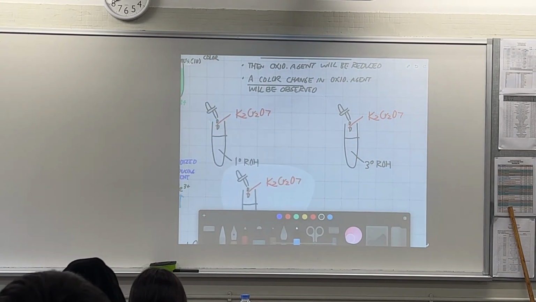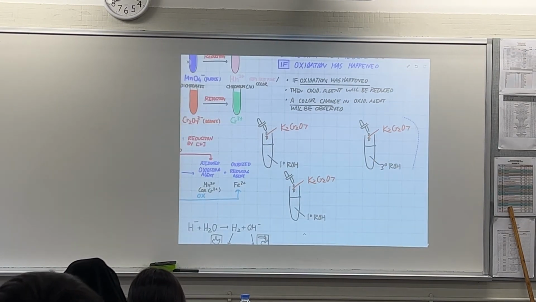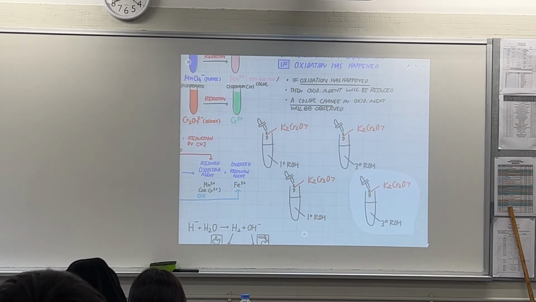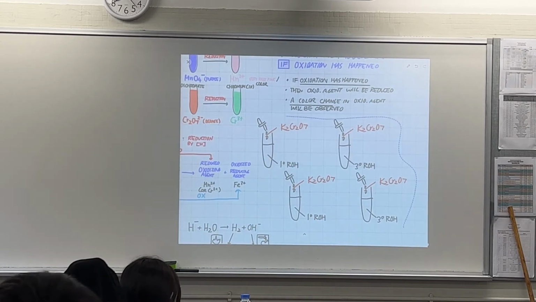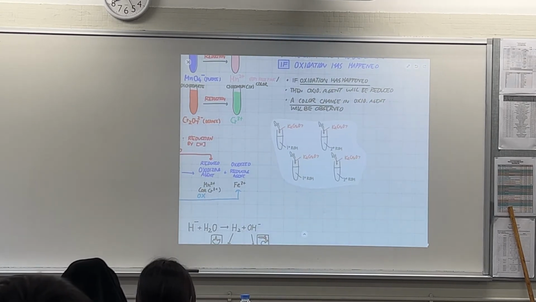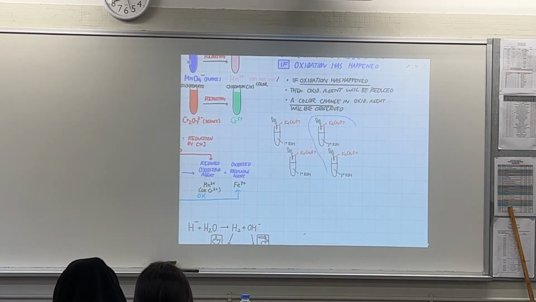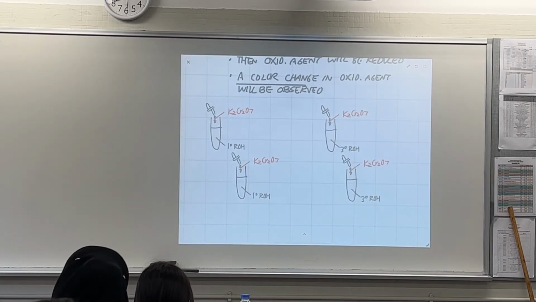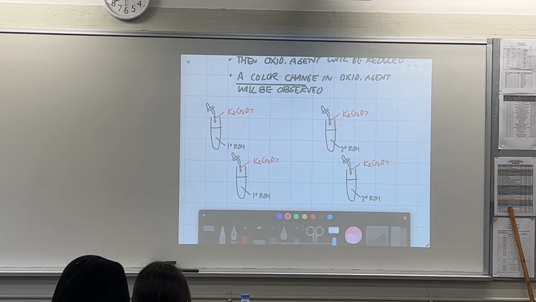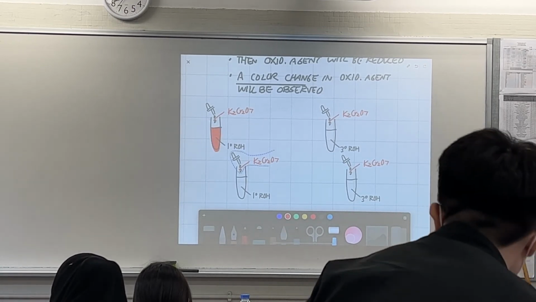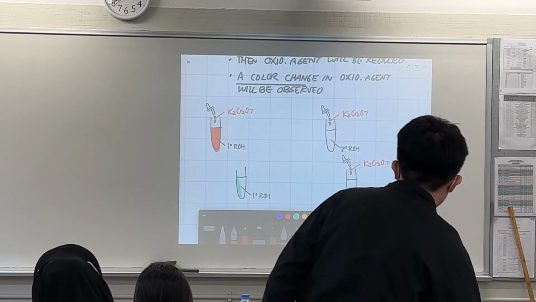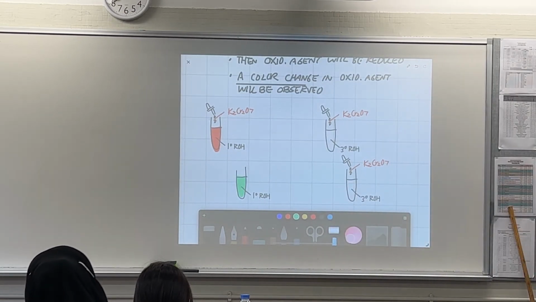Let me draw it 2 times here, and then I'll shrink it. It's taking up too much space. So you can put down on the left, it will go from orange to green, indicating that oxidation has taken place.